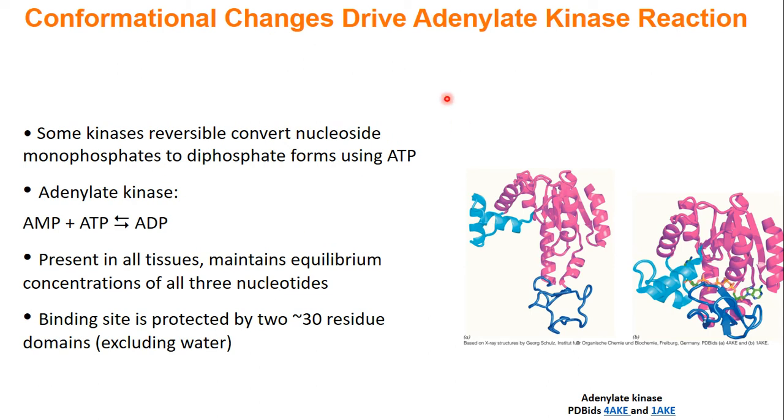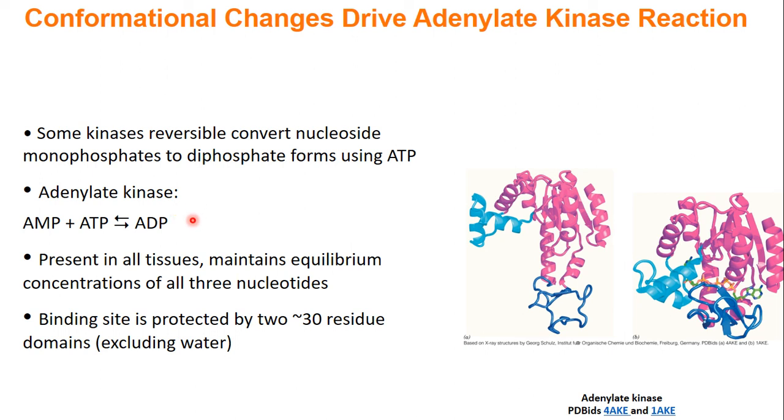Now, some kinases in your body are doing a kind of weird reaction when you think about it, but it's taking AMP plus ATP and just making 2 ADPs. And this can work backwards as well. The enzyme that does this is called adenylate kinase, and this is found in all cell types in your body.